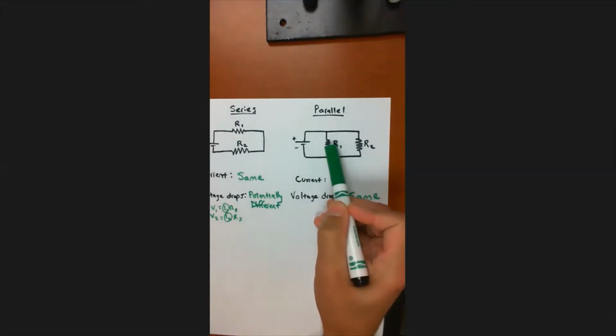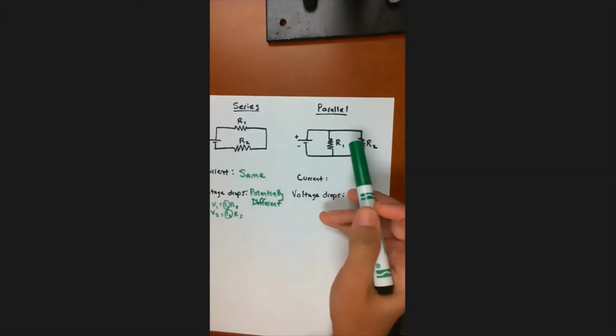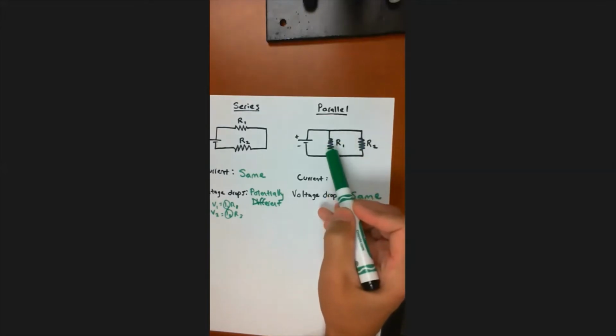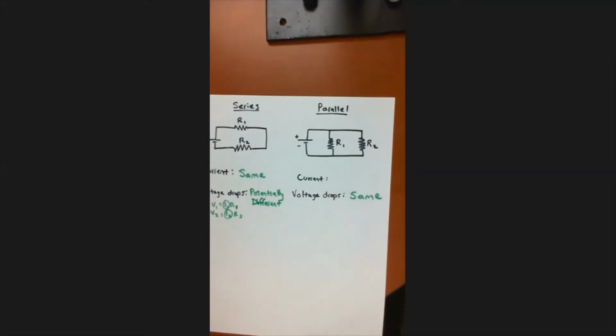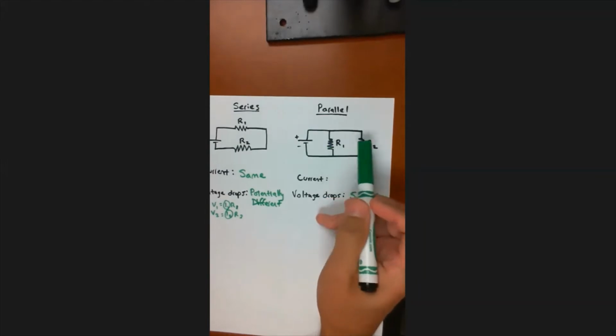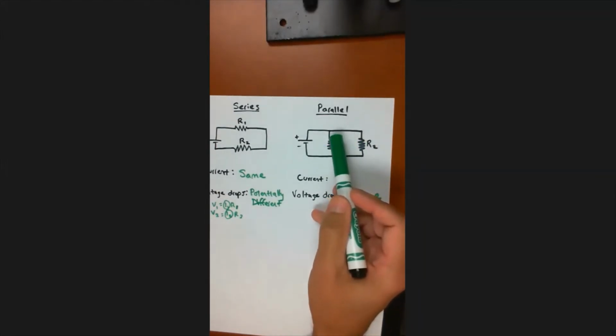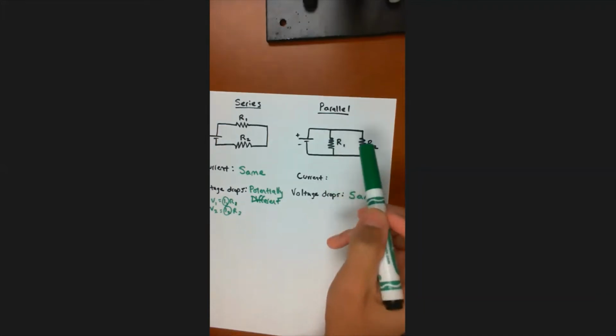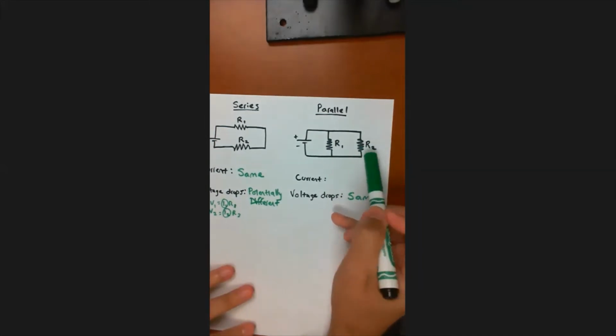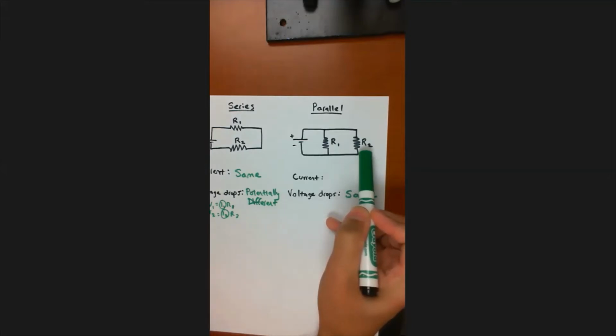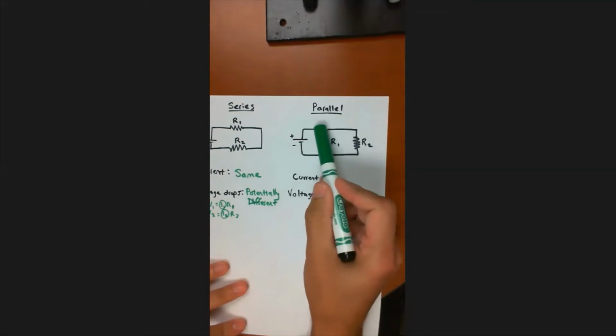That's what resistance is, a restriction to flow. So R1 is going to end up having less flow. You're going to have a lot less current through this branch than through this branch. If R2 is much smaller, that's less restriction, and so most of the current will end up flowing through this route instead of this route.